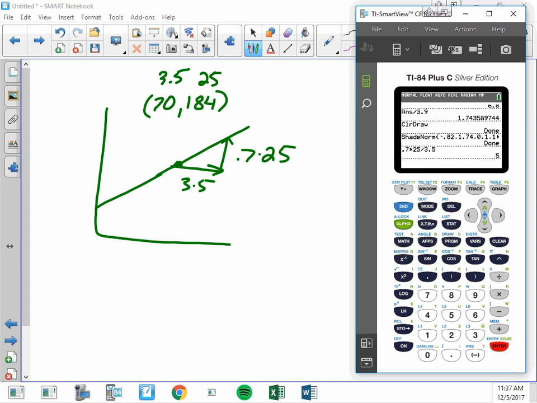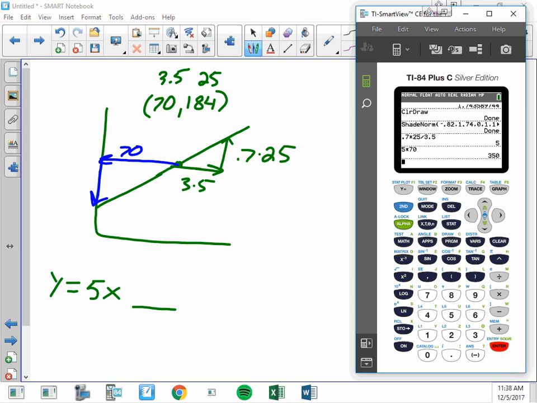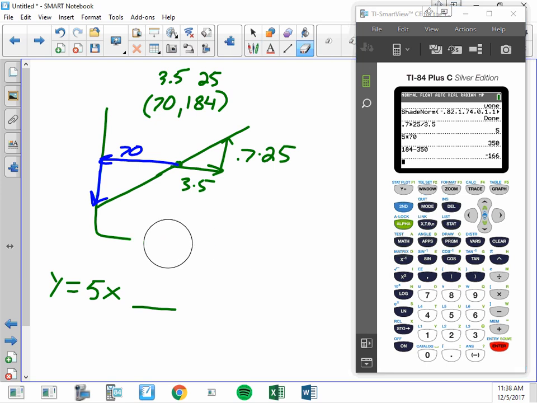So the slope is 5. Y equals 5x plus B. And now we just need to know what B is. So you go back. I'm going to backtrack 70 inches, and then I need to go down 5 pounds for every inch. So 5 times 70 is 350. So 184 minus 350, and it turns out that I drew my graph wrong.